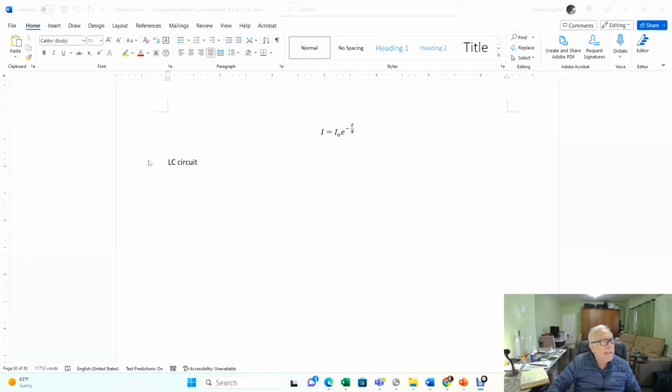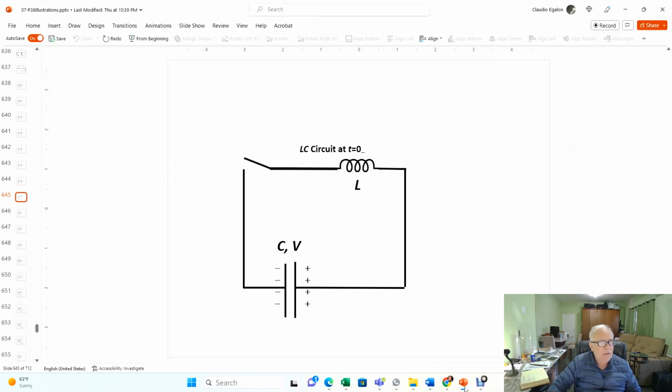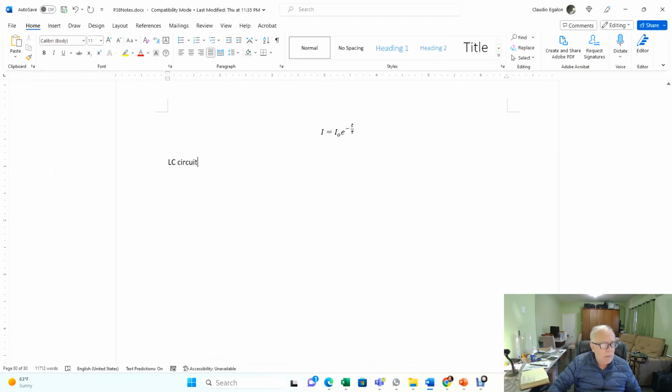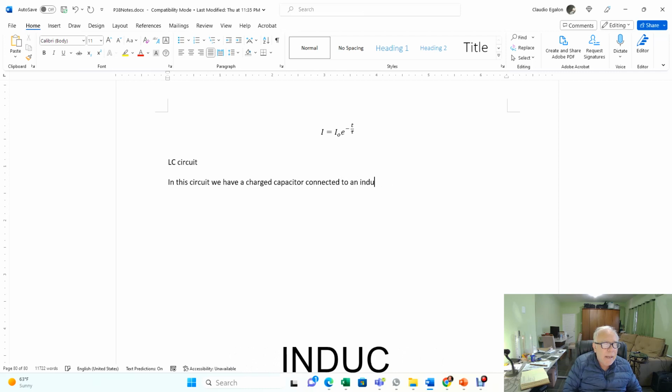Now we are going to look at the LC circuit. Okay? The LC circuit is something like that. You have the inductor here and the capacitor here. And we don't have a battery. Okay, in the circuit, we have a charged capacitor connected to an inductor only.